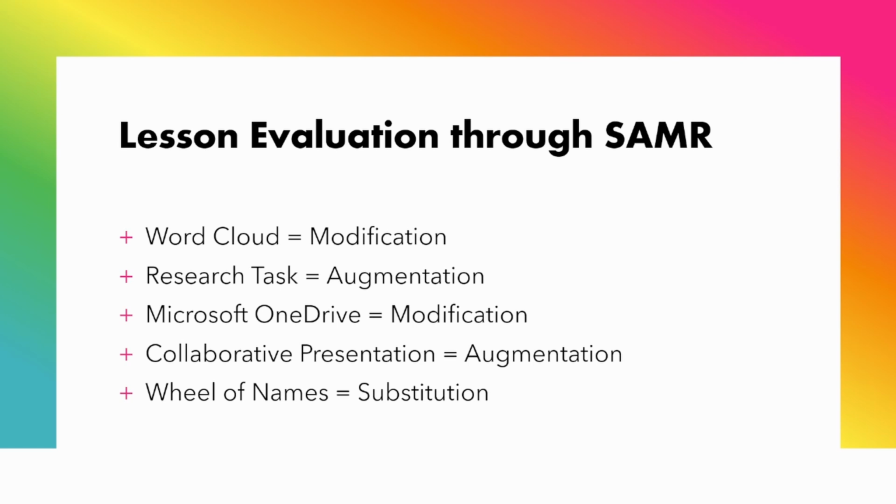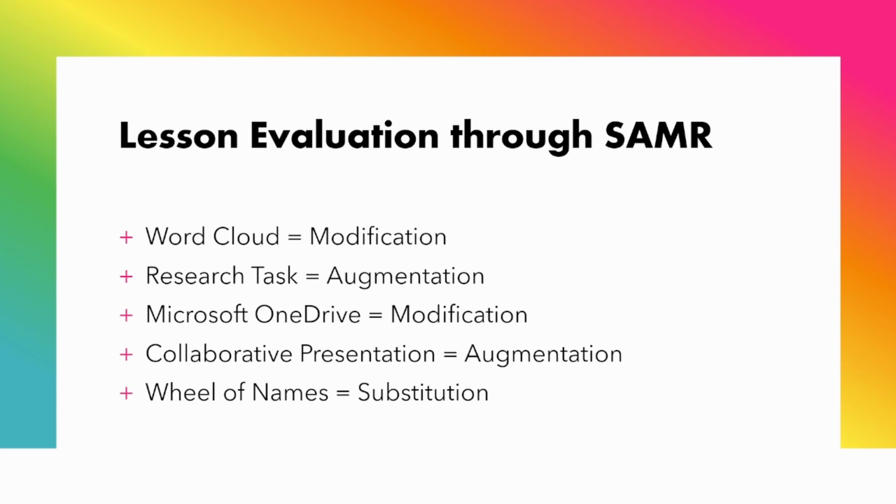And finally, that word cloud at the start, I believe it is a modification. It's not just simply an augmentation. Yes, it's a brainstorm. Yes, you can do brainstorms. A substitution would be just typing it up as a brainstorm. An augmentation, I think, would be them perhaps being able to share those different ideas online.